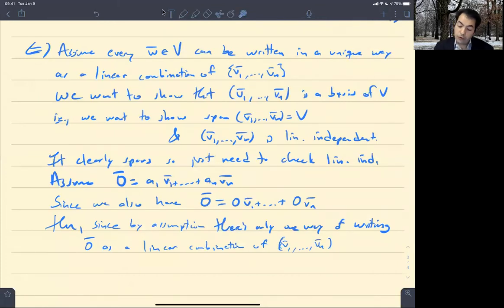Remember, we're assuming that every vector w can be written in a unique way as a linear combination. Well, zero is a vector in V, so our assumption says that it can be written in a unique way as a linear combination. So we have the one we're assuming, and then we have the trivial one, but since there's only one way of doing it, the way we assumed must be the trivial one. So we must have a_i equal to 0 for every i, and that's what we want to show.